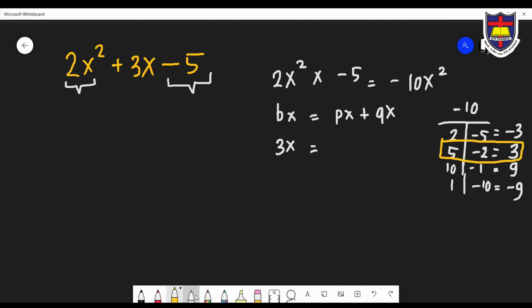Okay. So we can write px as 5x minus 2x. After it, we can write it in here. So we must change the value of plus 3x into this one.